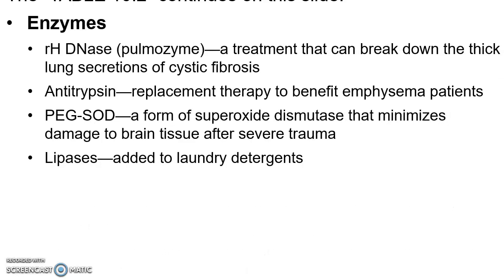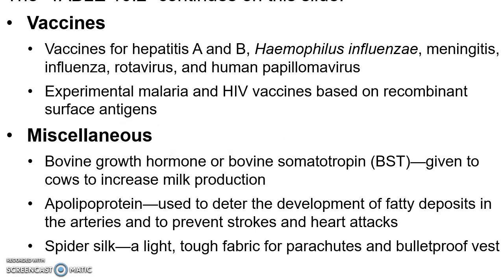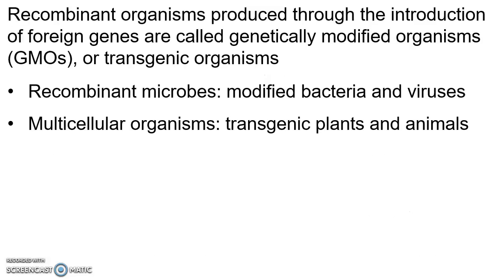Then we have Rh DNase, which is pulmozyme, antitrypsin, PEG SOD, and then lipases. So there are a whole slew of products that are able to be created with recombinant DNA technology.